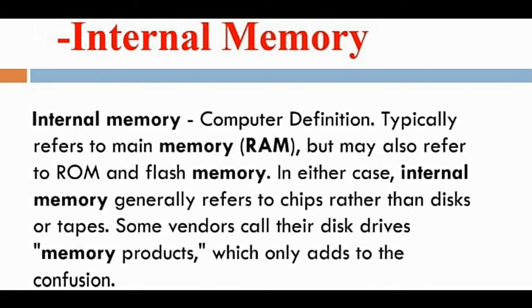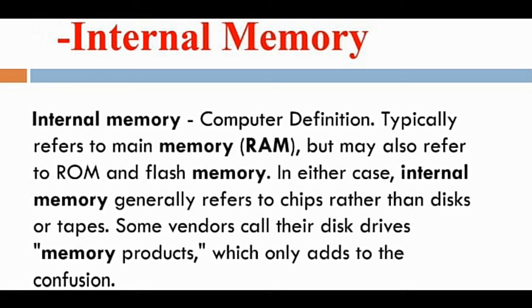The internal memory of a computer is also known as primary storage and main memory. The internal memory is the memory which is stored within the computer. There are two types of memory: random access memory, RAM, and the second type is read only memory, ROM.